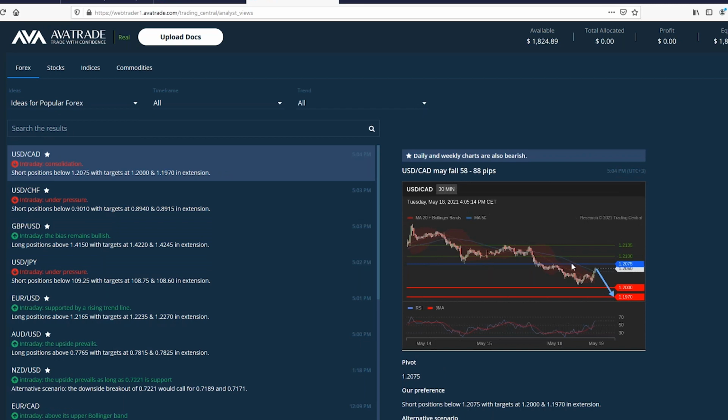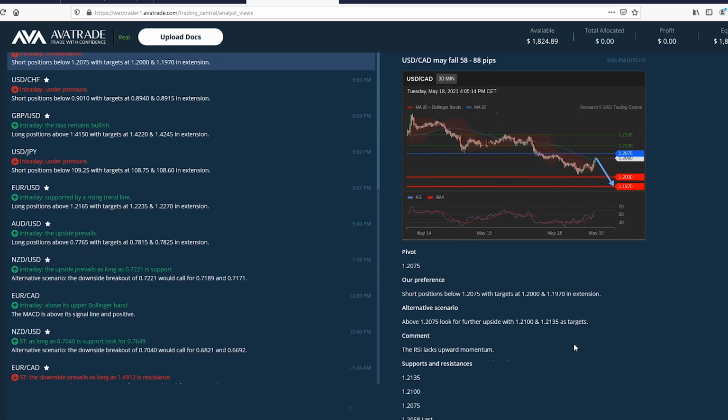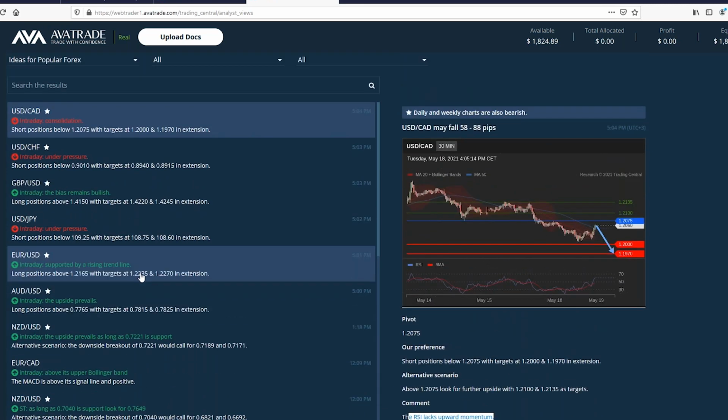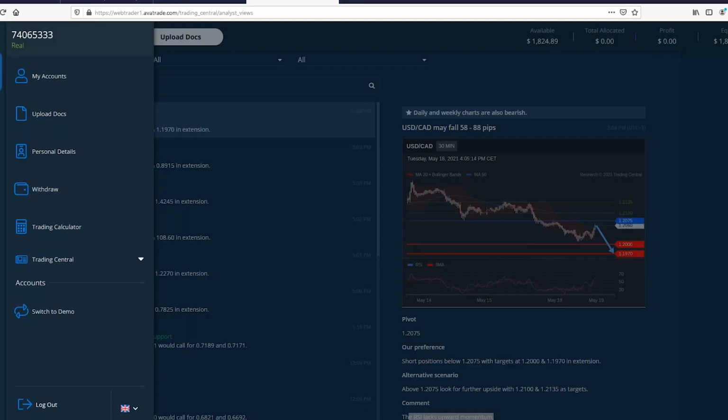And it breaks down the technical analysis. It gives you the direction of the expected move, all the price levels, the indicators that went into the thinking, etc. So very nice technical analysis done for you. Signals coming in for free. Most times a signal service like this is going to cost money, but on all our live accounts, it's a free premium service with AvaTrade.